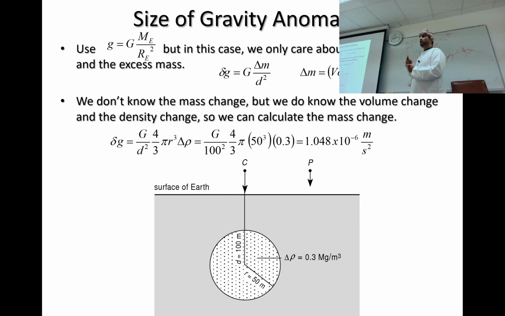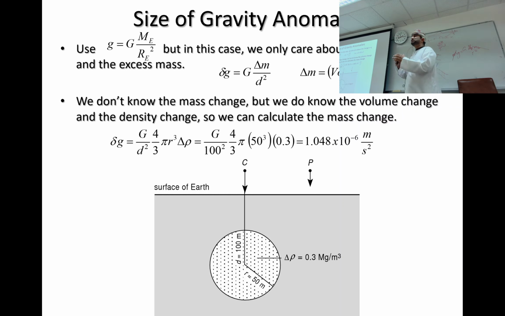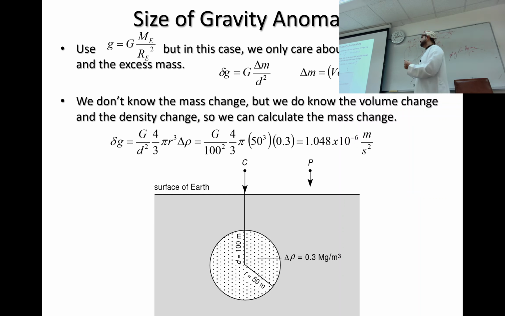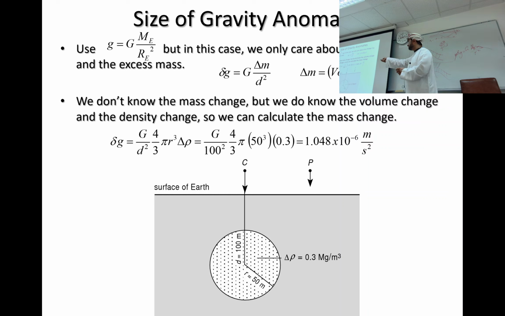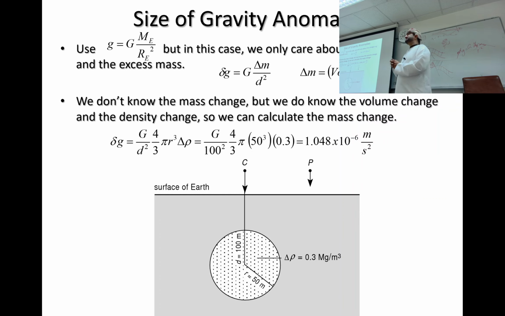And instead of whole Earth mass, I'm only interested in change. That's what I can measure, change in density. I'm measuring relative change in density, change in masses. And we know a mass is equated to volume times density. I'm measuring what? Change in density.